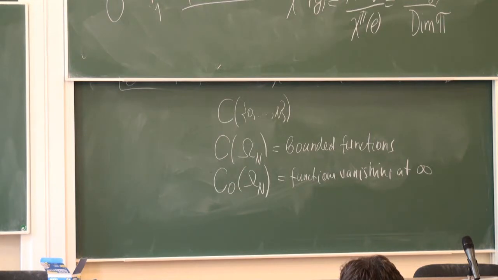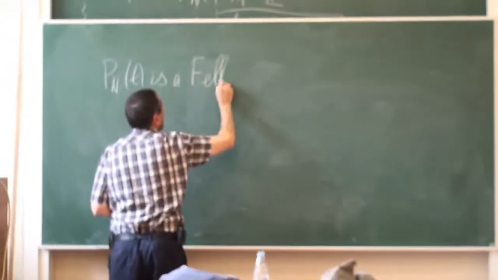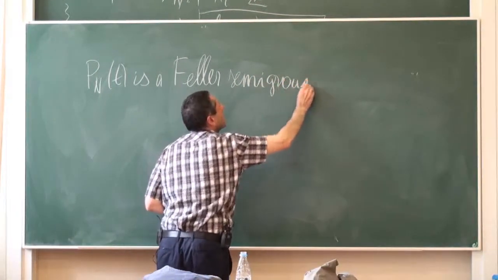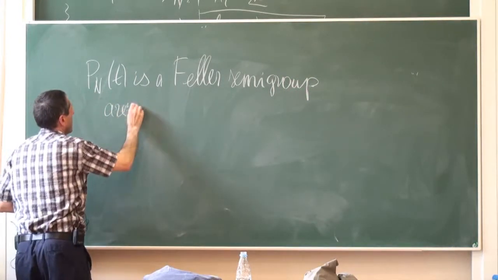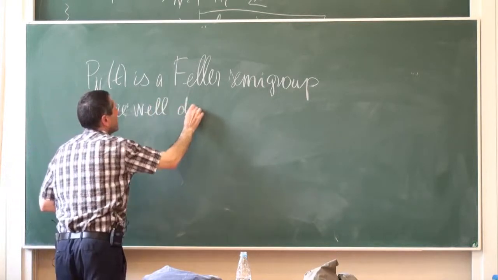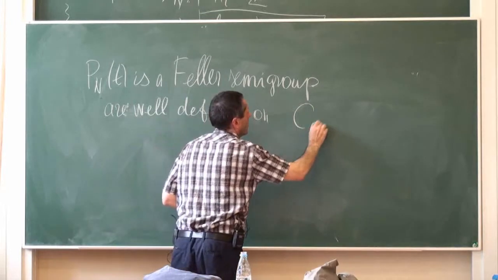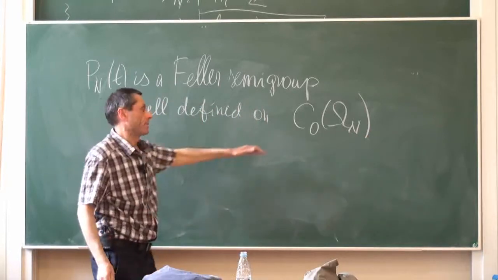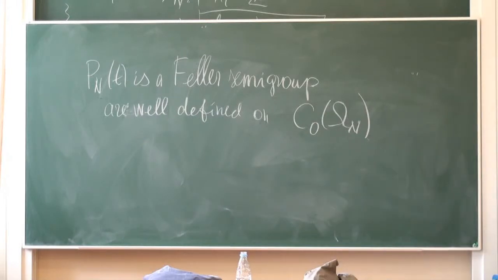And what we prove actually is the following. We prove that our semigroup is a Feller semigroup, which means that these operators are well defined on this space. This is a separable Banach space, and this space is not.